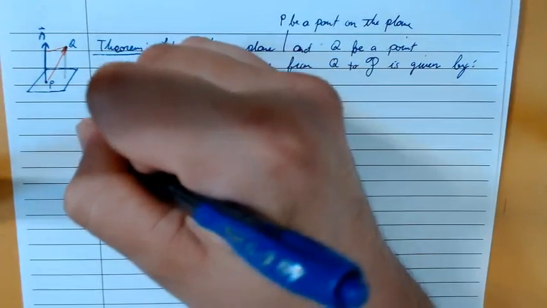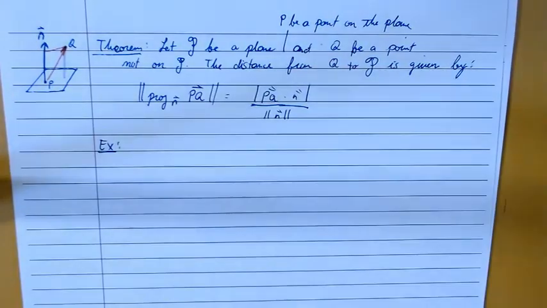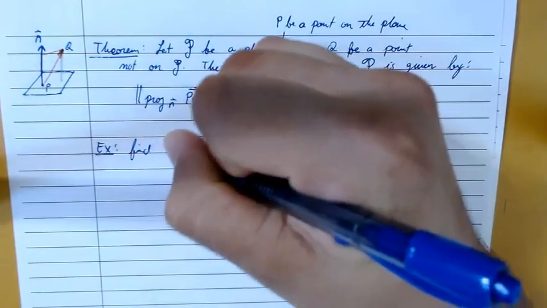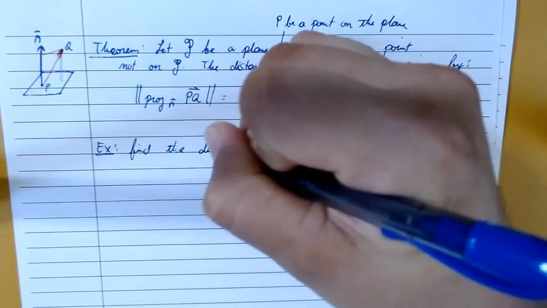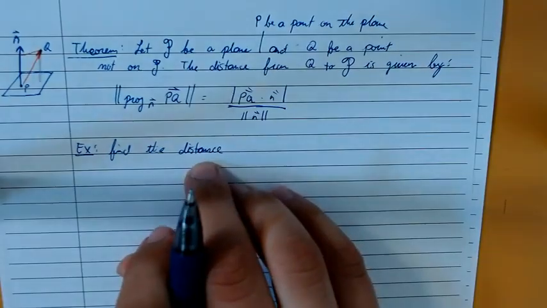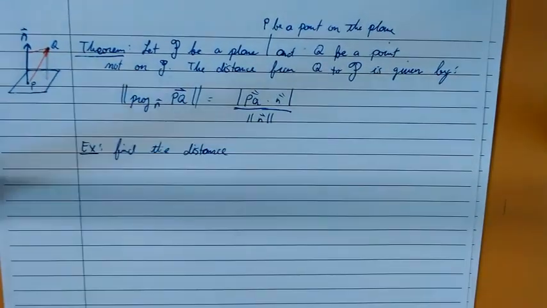So instead, let's take a look at an example. Let's find the distance, and again, when we say distance, we mean the shortest possible distance.